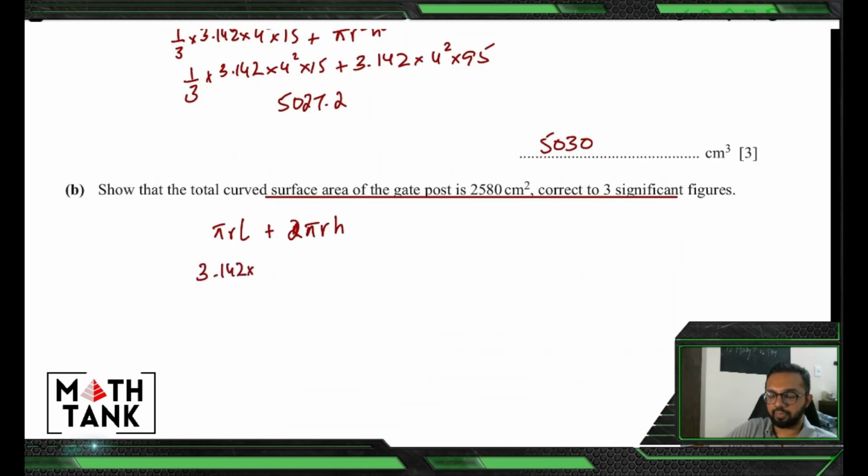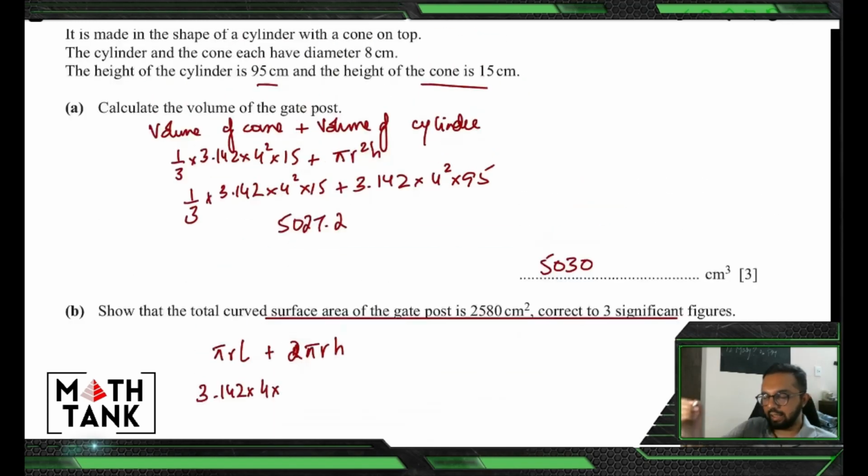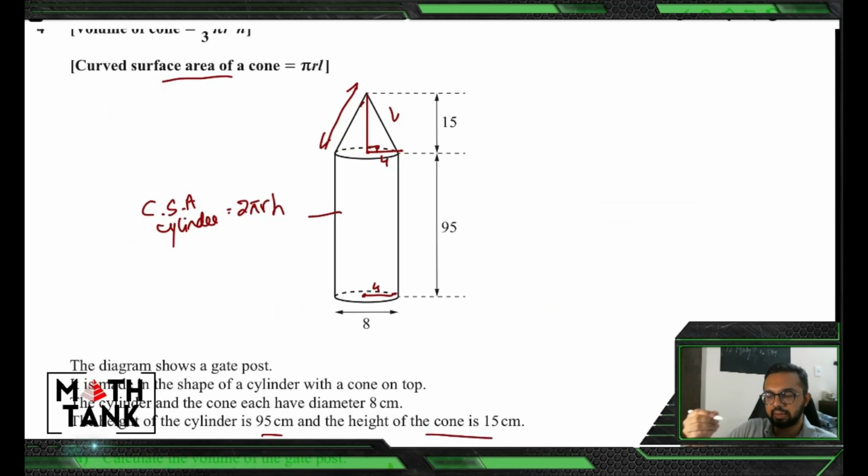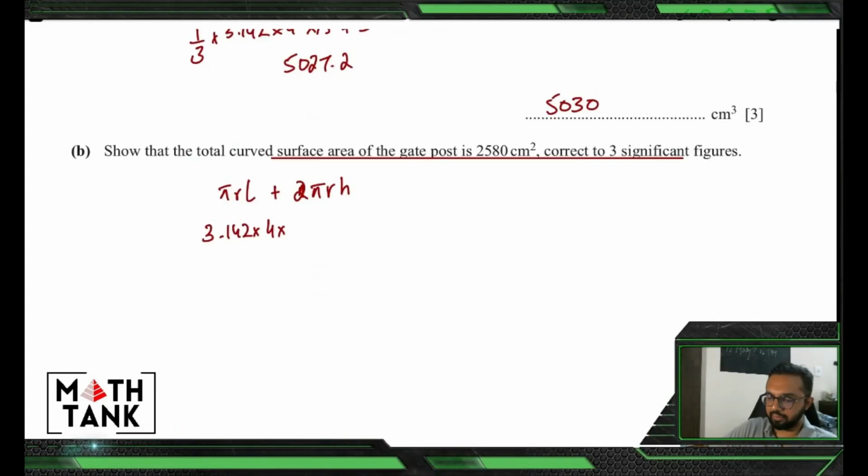3.142. Okay, L is what? L is the slant height. Now that is missing in the question. So what am I going to do about that? When you split up a cone from the center and using the radius, it creates what we know as a right triangle. So L is basically this. So I can use the Pythagoras theorem to find L first.